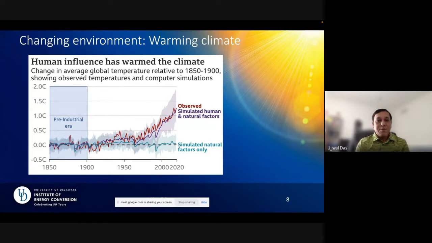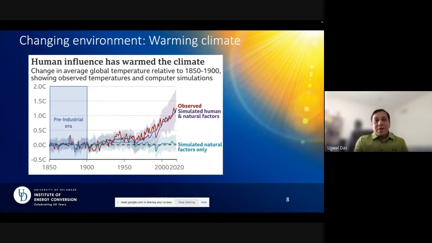The graph is plotted from year 1850 until today. We can define 1850 to 1900 as the pre-industrial era, where there was not much industry. And then from 1900 until today, we are continually developing our society with the help of industrialization.